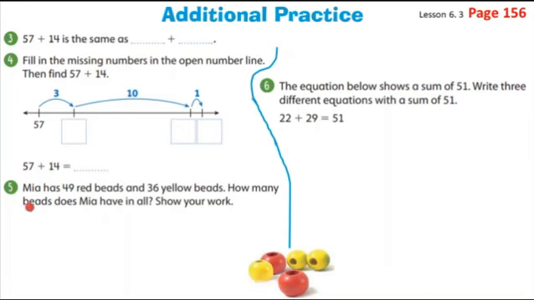Number 5, Mia has 49 red beads and 36 yellow beads. How many beads does Mia have in all? Show your work. Well, let's pull out the important information here. So Mia has 49 red beads and, well, that's telling me it's going to be addition, 36 yellow beads.